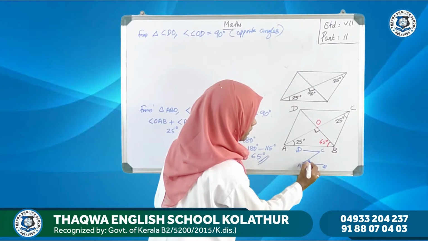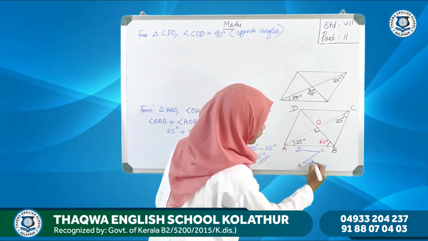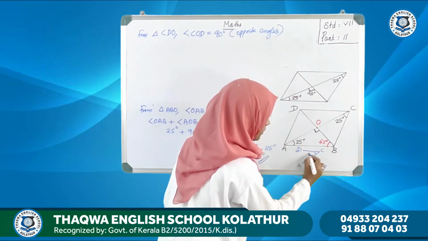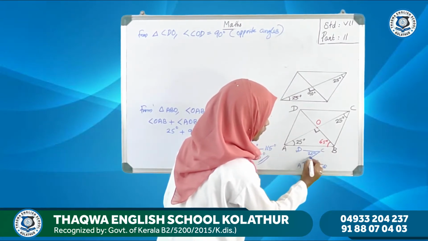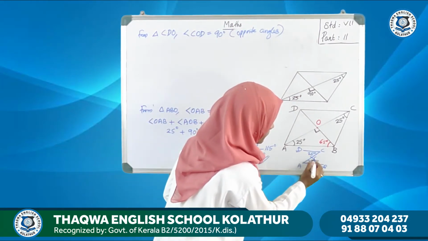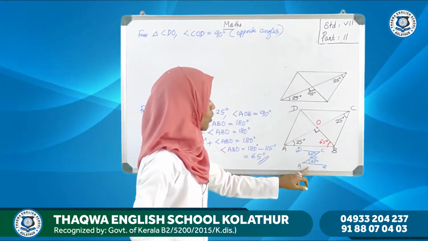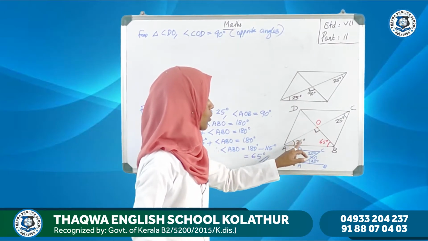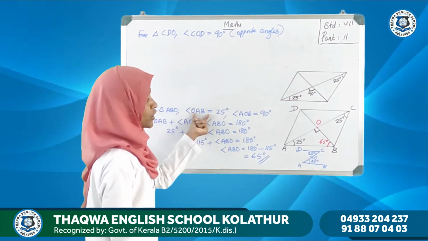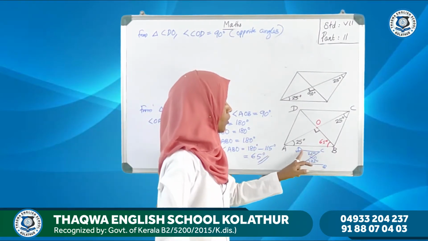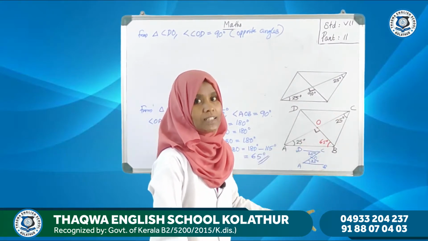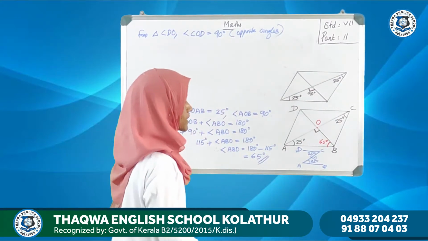Then this angle 25 degree you have given, and this is also 25 degree. So from this figure, angle OAB is 25 degree and also angle OCD is 25 degree. Reason, they are the alternate angles.